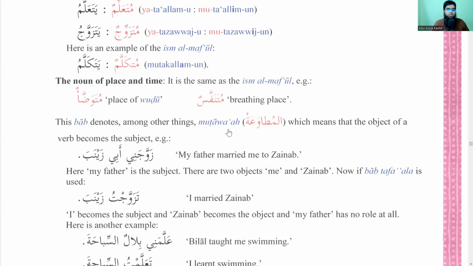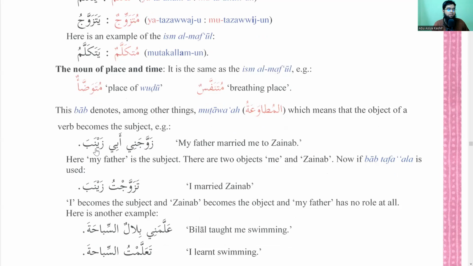So the maf'ulun bihi becomes the fa'il. Like zawajani abi Zainaba. Here, zawajani abi is the fa'il, and this is maf'ul number 1 and this is maf'ul number 2, correct? Abu is the fa'il, by the way. My father married me to Zainab. So zawaja is form 2.